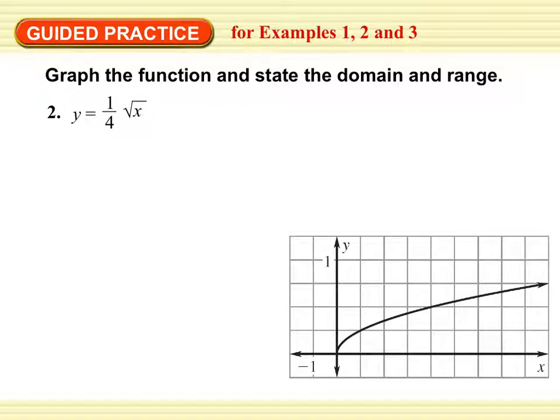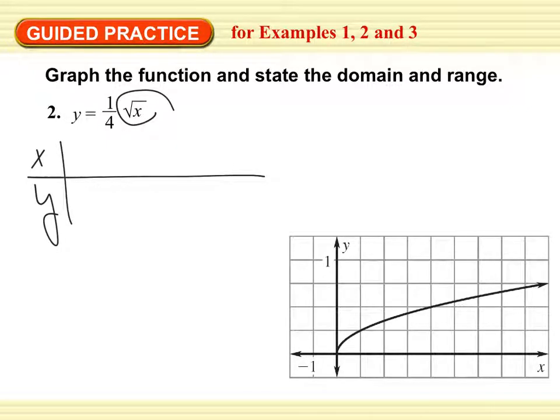All right, graph it. Again, x, y. It's still a square root, so all the x's that I'm testing are going to be positive, and I can get the y values that come out, our output, our range.